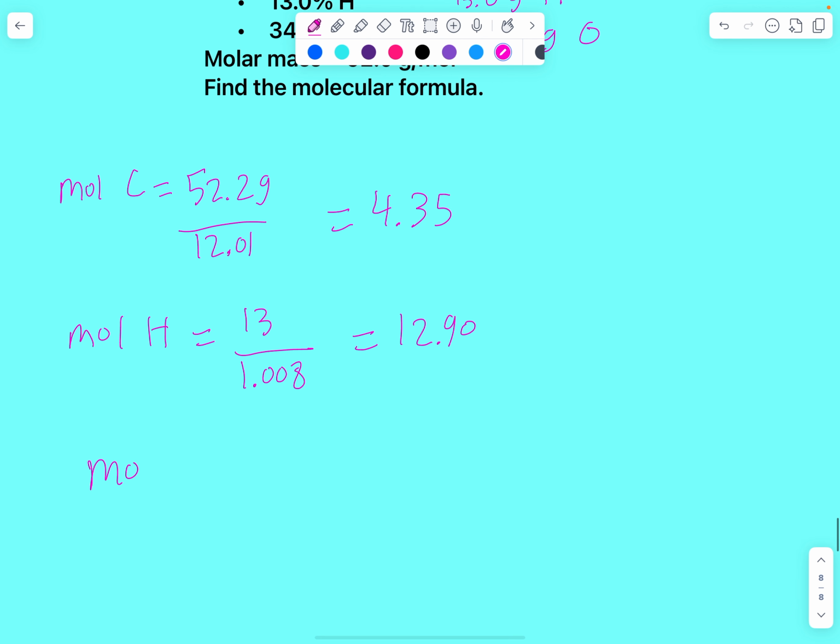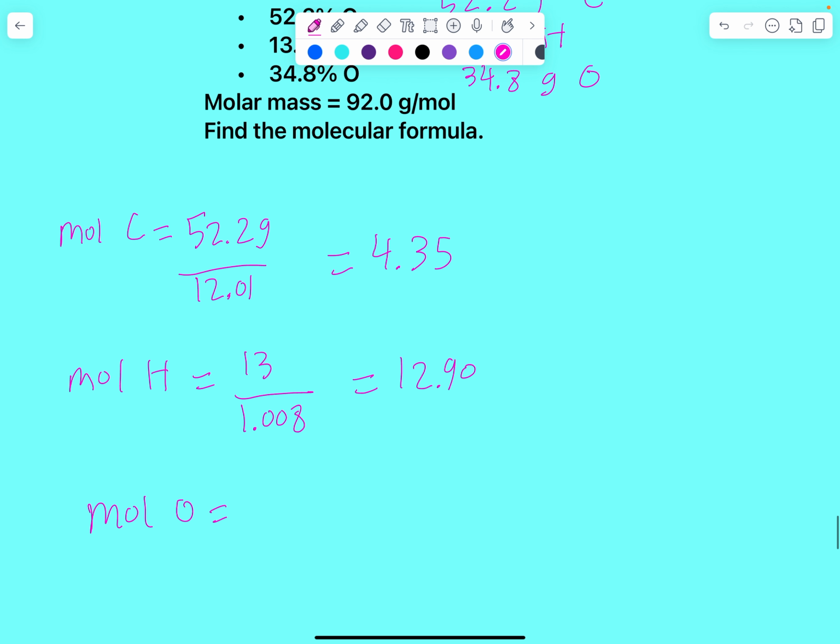Moles of oxygen: 34.8 all over 16, because each oxygen's atomic mass is 16, which is 2.175 on a calculator. I'm keeping a few decimals because ratios depend on accuracy.